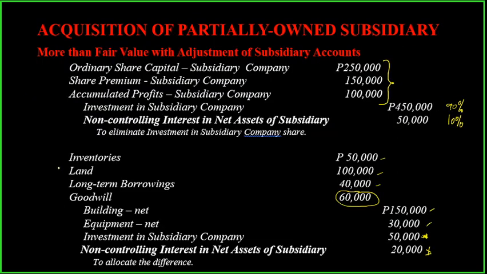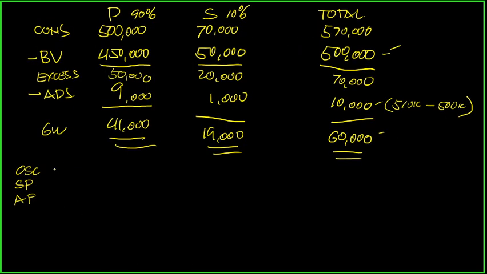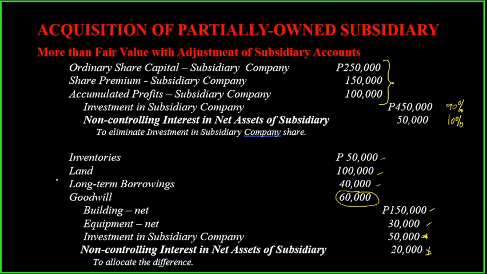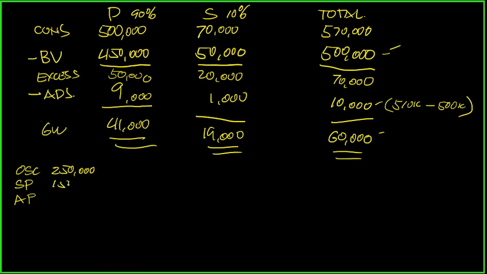Magkano ba yung 100% natin kanina? So, you have 250,000, you have 150, and you have 100. Kung wholly owned sana yan, magre-credit tayo ng investment in subsidiary at 500.